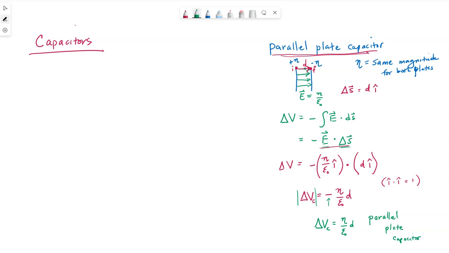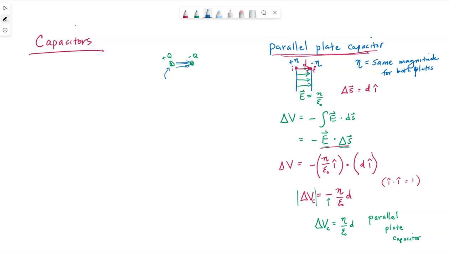Now, capacitors don't technically have to be parallel plate capacitors. They could be like two little spheres where they end up with the same charge but opposite charge, so two charged spheres that end up with an electric field between them. A capacitor is essentially something that gives us this nice electric field, which in turn ends up allowing the capacitor to store energy.